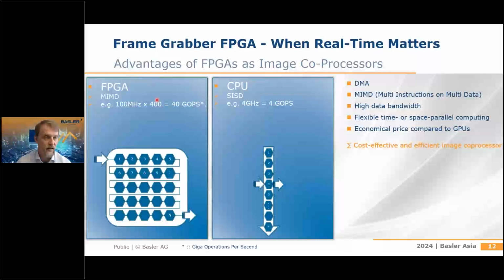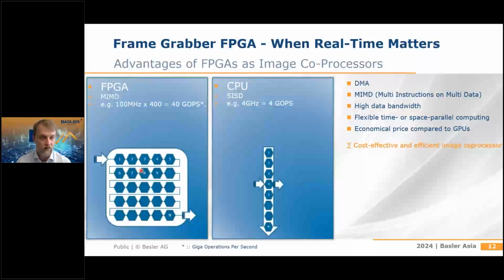So we would end up with 40 giga operations per second concerning image processing. There's a multiplication because all of these operations can work in parallel, in a spatial parallelism and also a temporal parallelism within the pipeline structure of the processing.